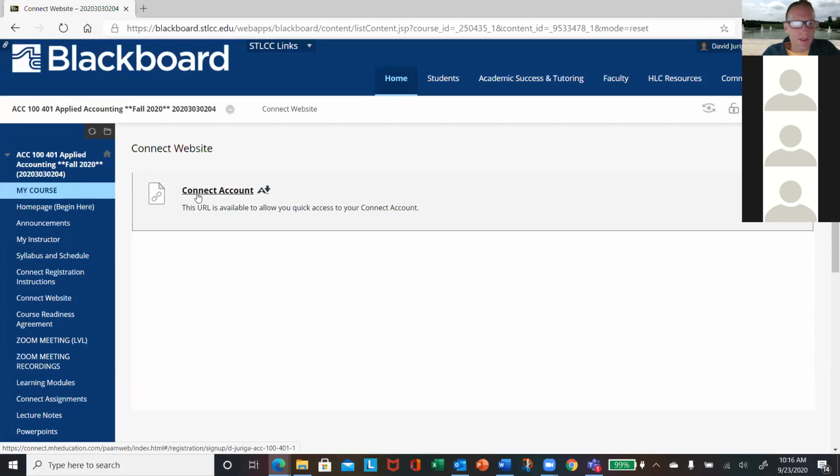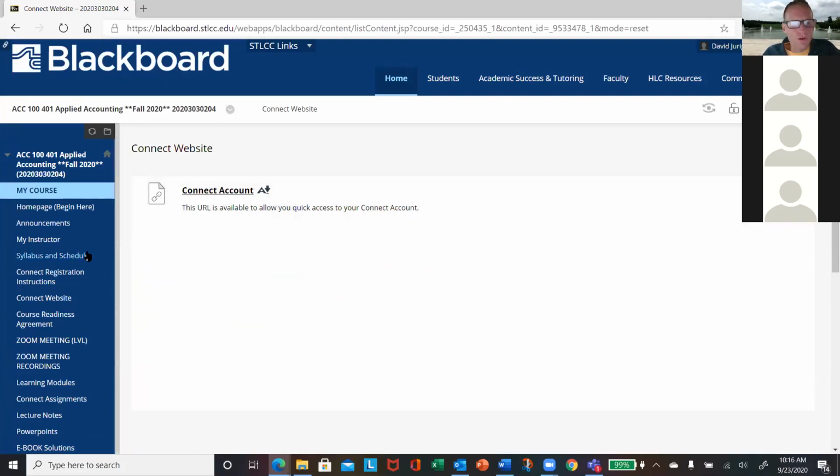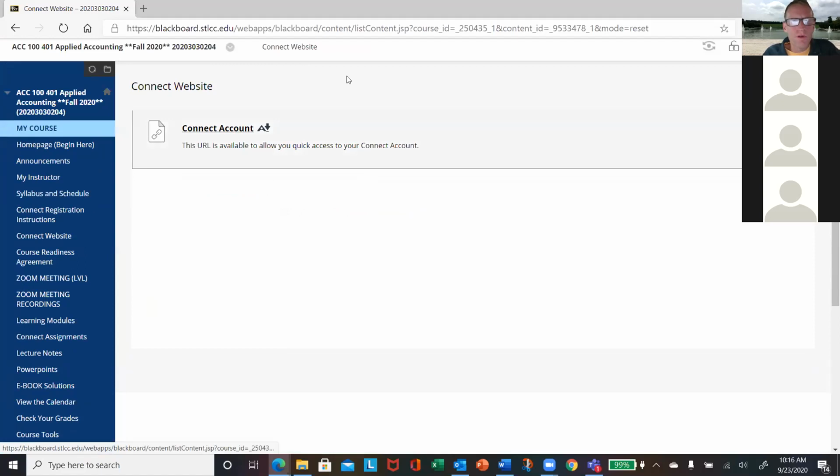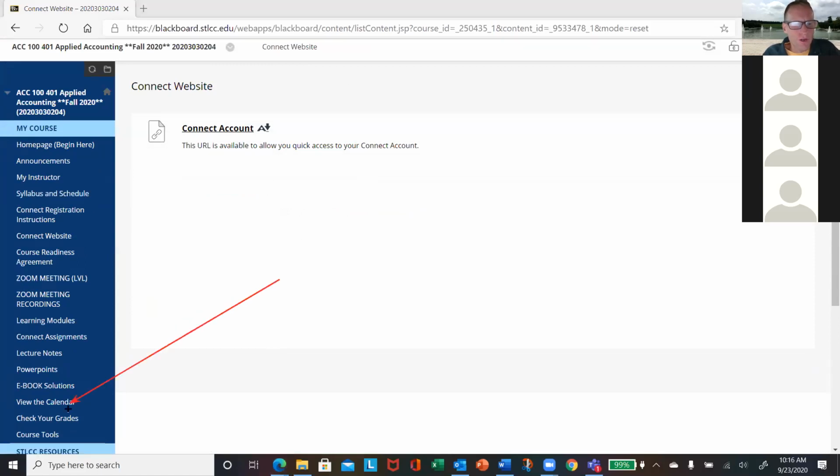The only thing, though, is if you do it that way and you go to Blackboard to check your grades, if you don't go through my Connect assignment link in Blackboard, then the gradebook in Blackboard will not update automatically. That's what my textbook rep told me.